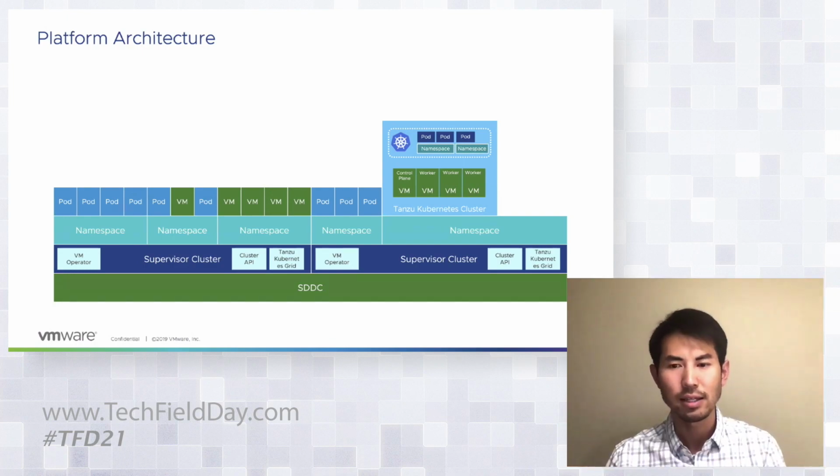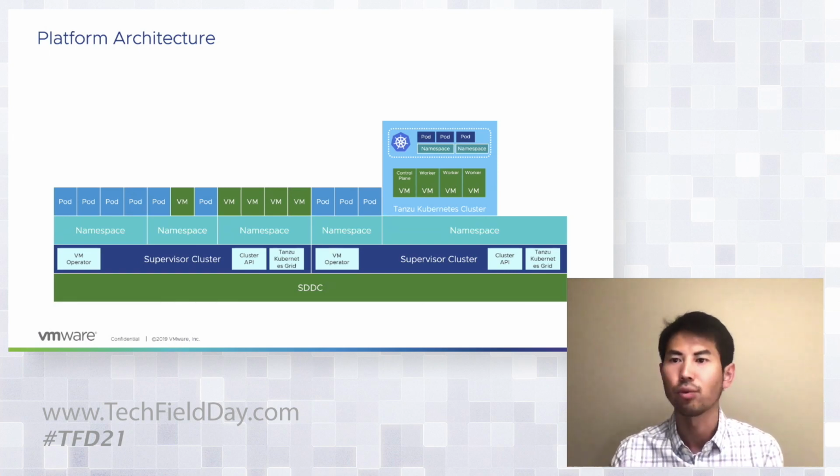No, sorry. In this case, I'm just trying to show the relationship between all of these different components. In one vCenter, for example, you can have multiple vSphere clusters. So in this example, I just showed two vSphere clusters, and you can make them into two supervisor clusters. You can, of course, have 20 supervisor clusters as well.